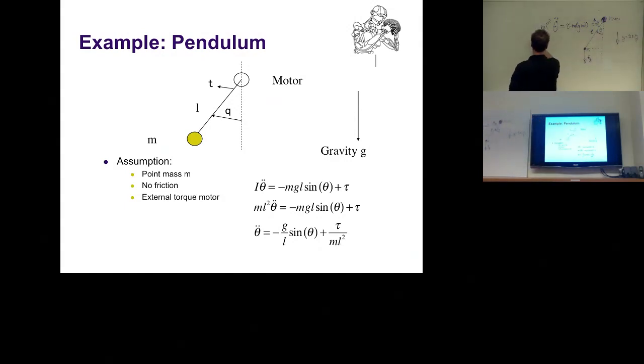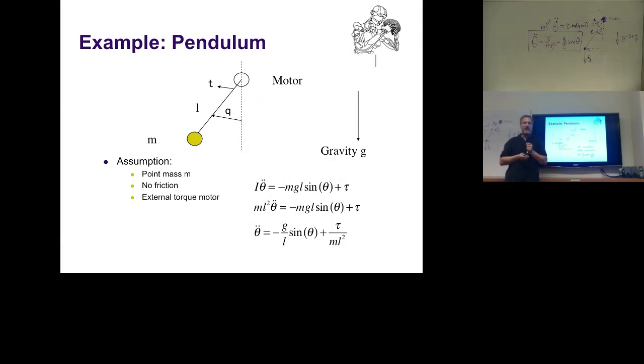So we get theta double dot equals tau over ml squared minus, now the m here cancels, then we have one L which cancels as well. So we simply get G over L times sine theta. And these are our equations. Okay? That is hopefully exactly the same as what is written here. Just checking. Fine.